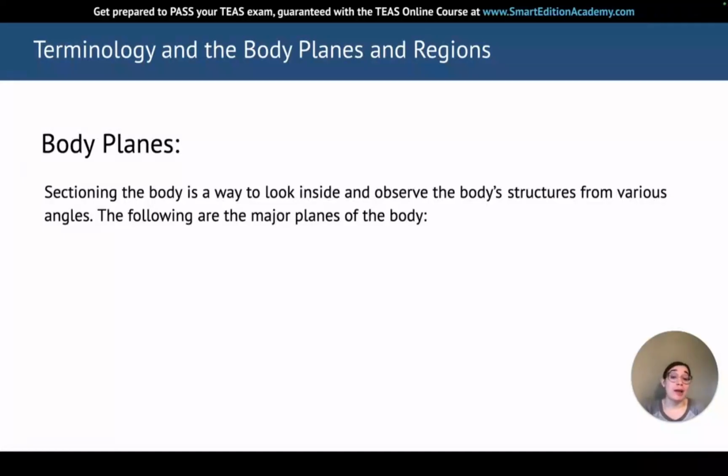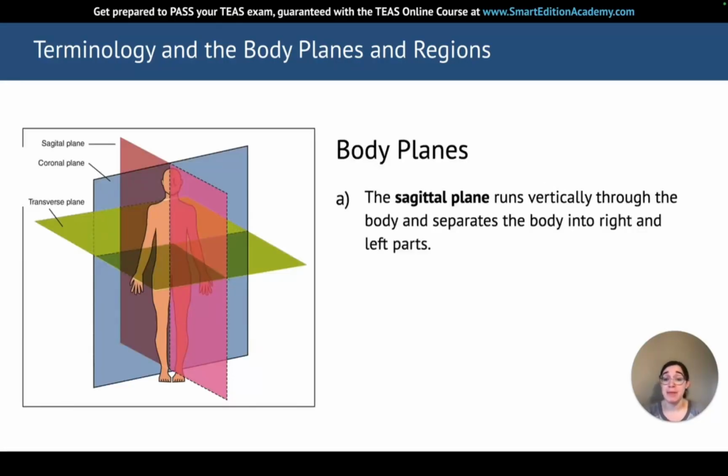We can also talk about body planes. These are ways of sectioning the body to be able to look inside and observe the various structures and organs from different angles. So there are four major planes that we're going to talk about today.